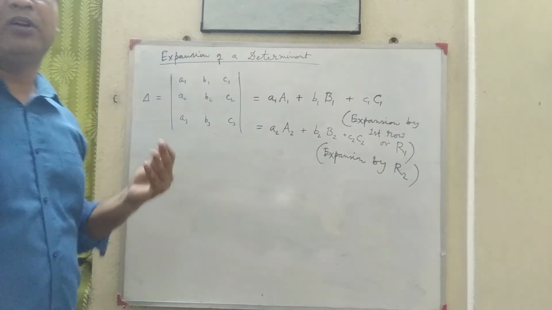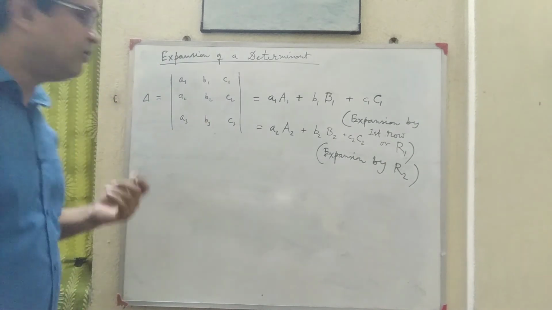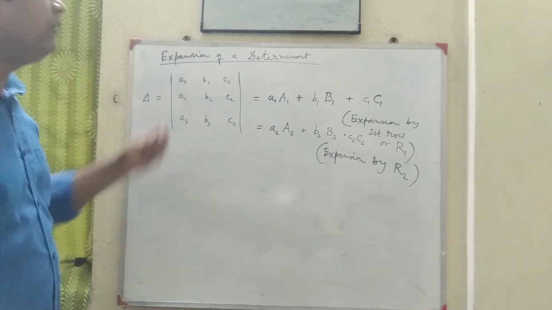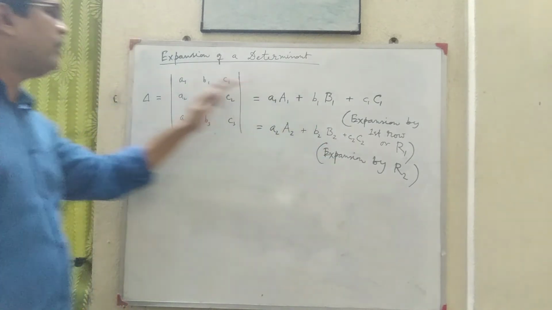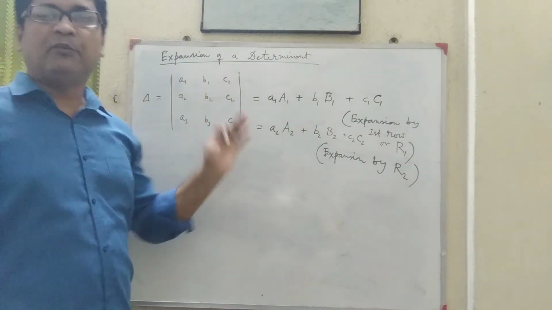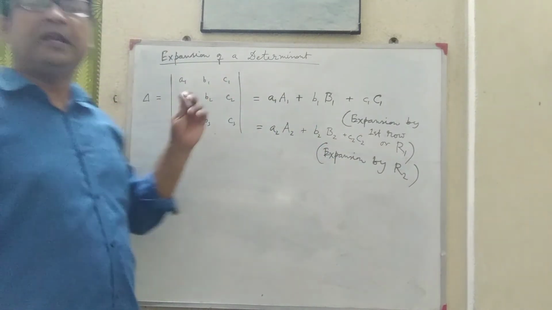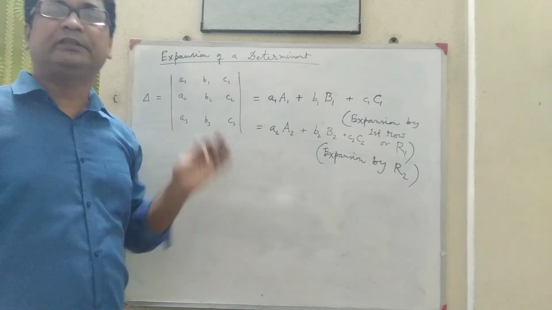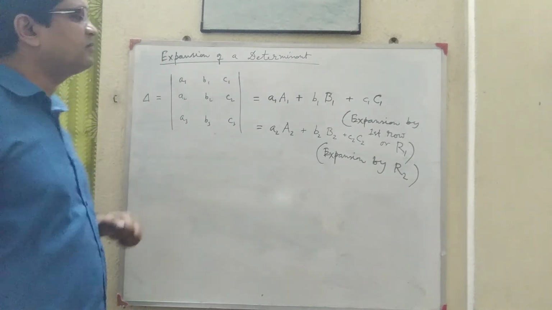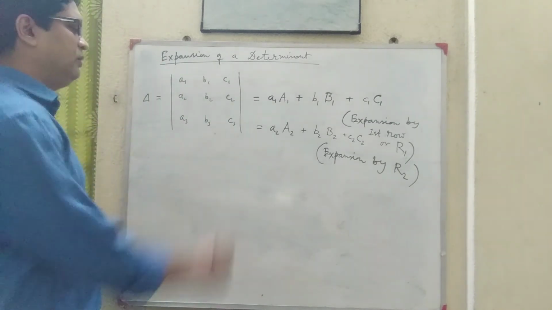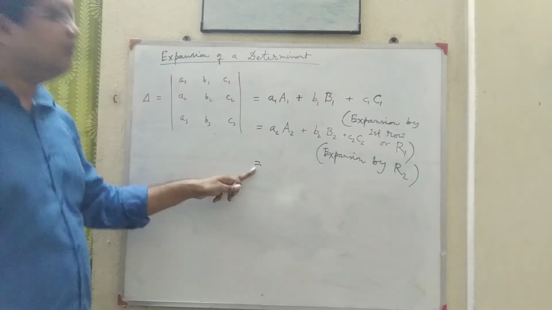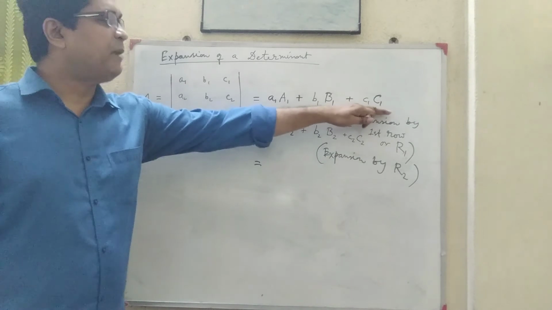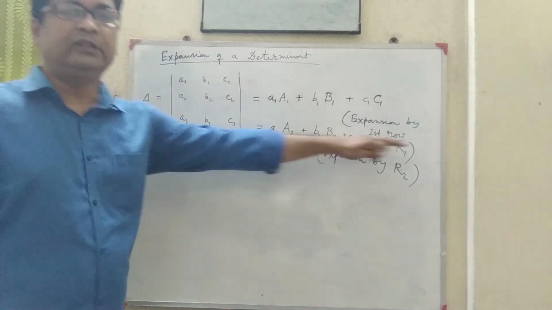Whichever row or column we want to expand, if we expand by first row or second row or first column or third column, whatever row or column we expand, we will always get the same value every time. That's why I'm writing equal to, because the value of this expansion will always be equal to the value of this expansion.